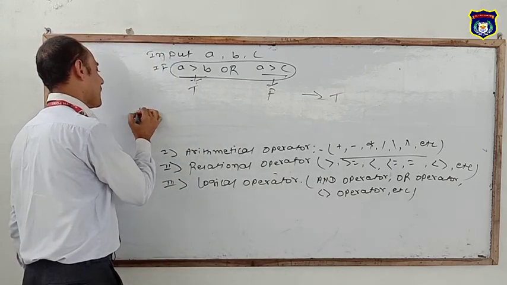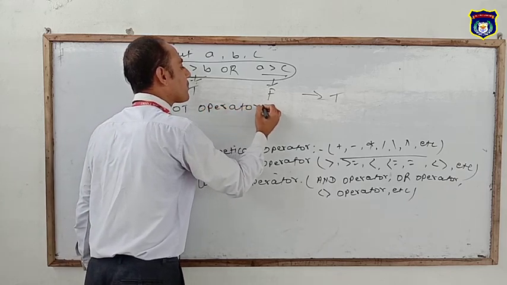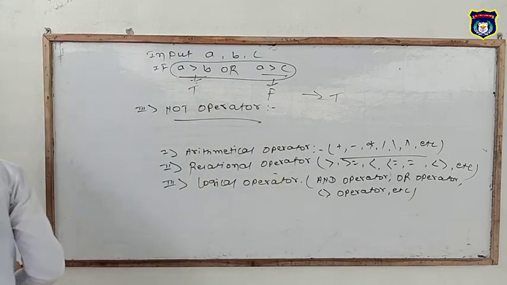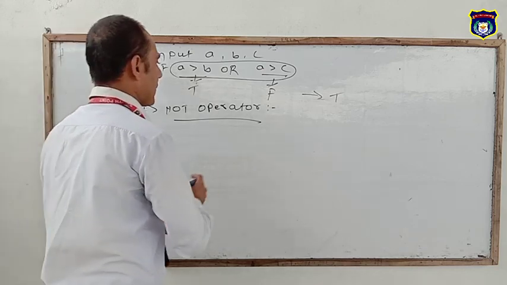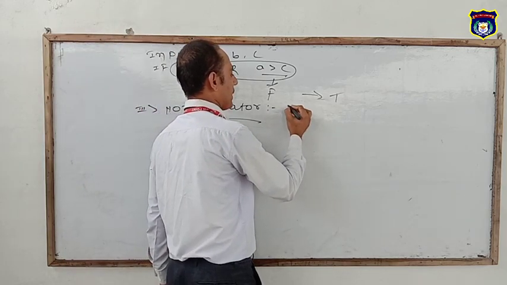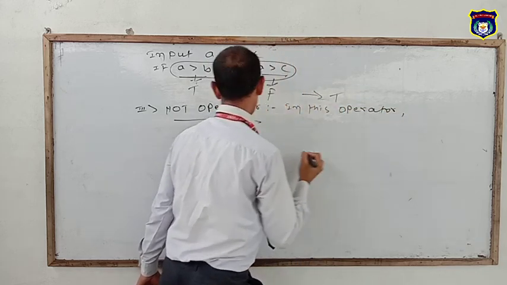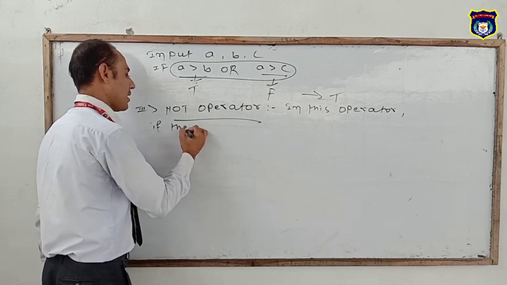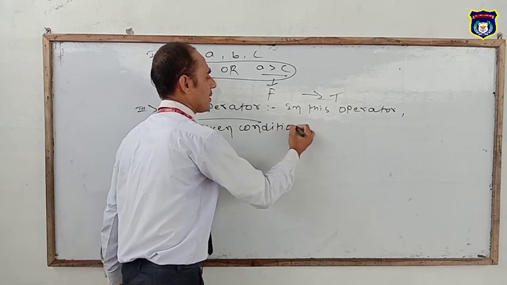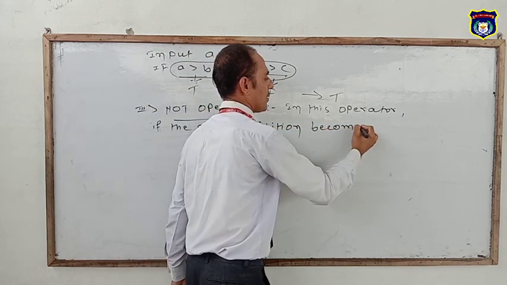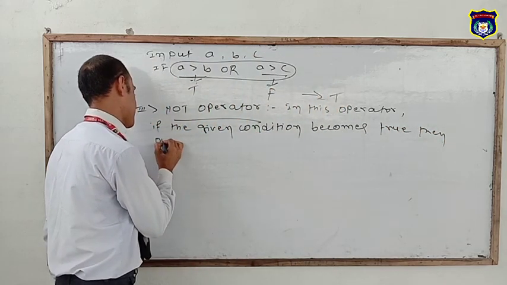Third is the NOT operator. What is the NOT operator? The NOT operator means just reverse the condition. In this operator, if the given condition becomes true, then the output will be false.